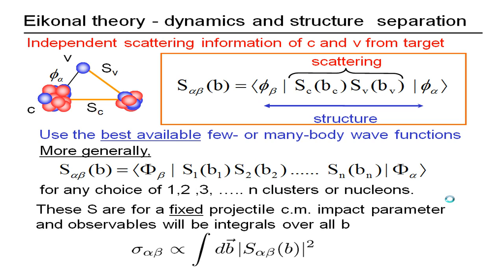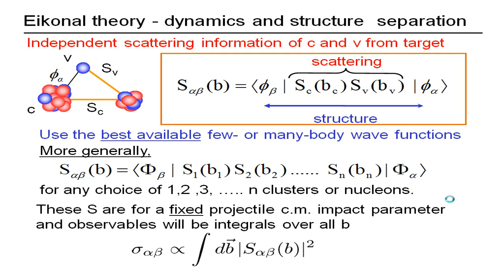If I've got data for particle C and data for particle V, I can work out these S's and check that they compute the right cross-sections for the elastic scattering. And having determined that these S's are good S's, then I need a nuclear structure wave function, the best I can take, so that I can put it on the outside to tell me what I think the correct structure is in working out this matrix element.